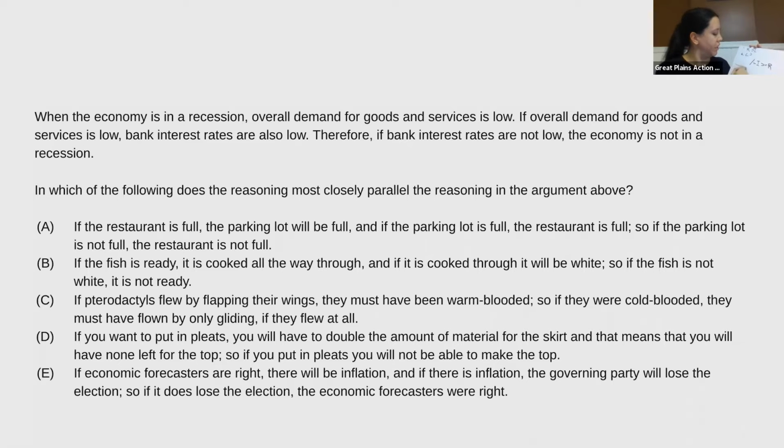So if it helps you to keep notes, low interest will be I, low demand, L, recession, R. All right.